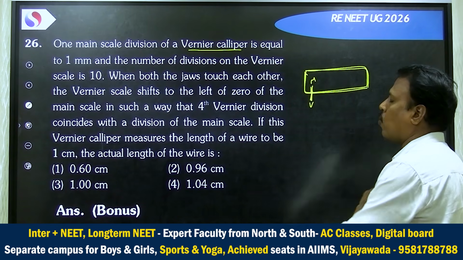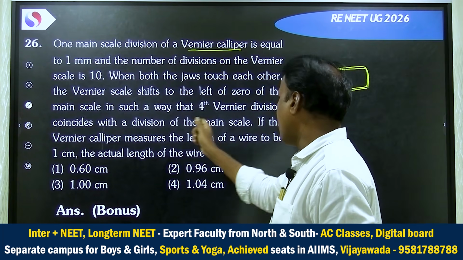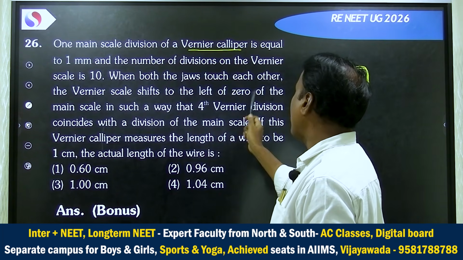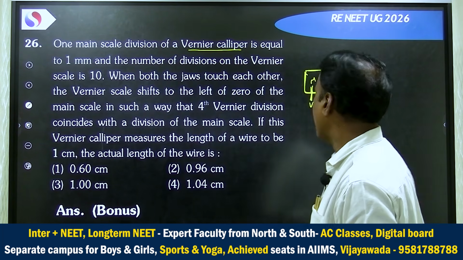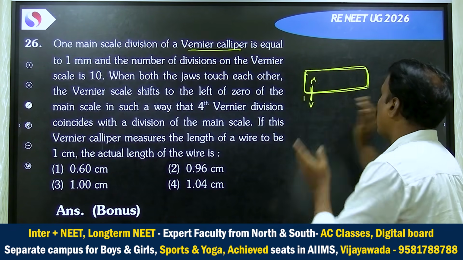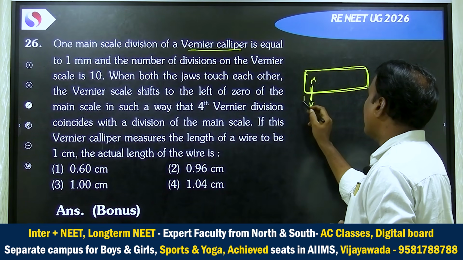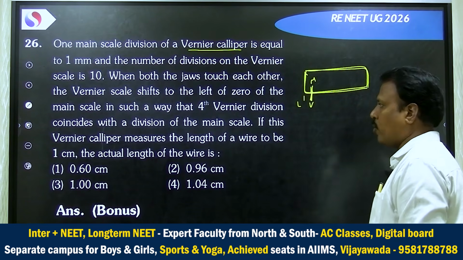If it lies on the right side, that is called positive zero error. So here the vernier scale shifts to the left of the 0 of the main scale. That means this vernier 0 is not exactly on the 0 of the main scale, it is on the left side. Left side means negative zero error.